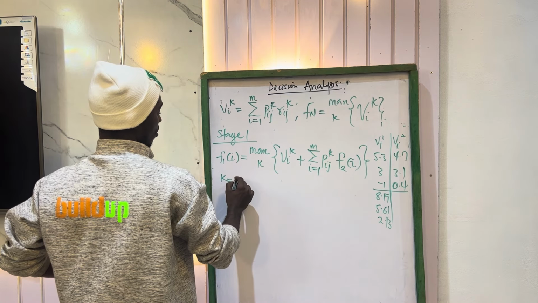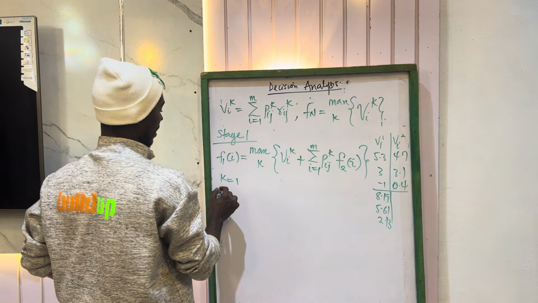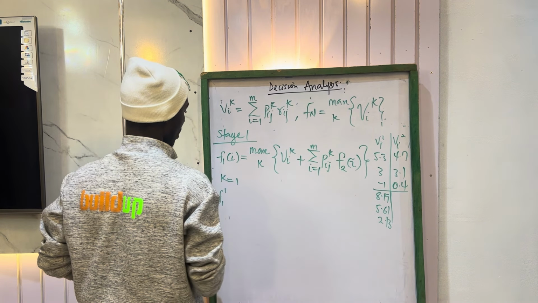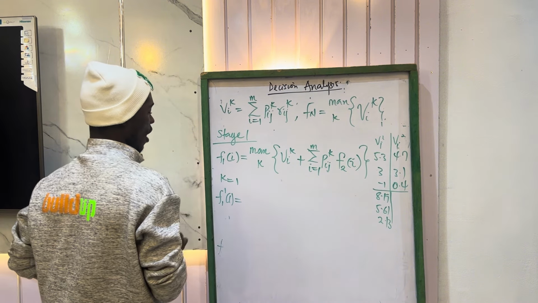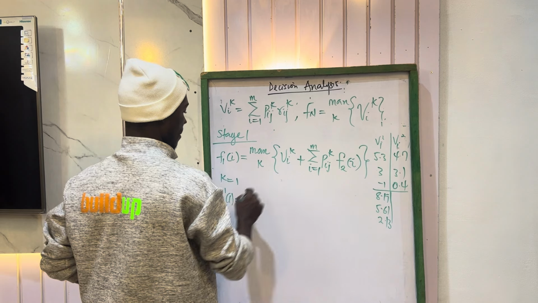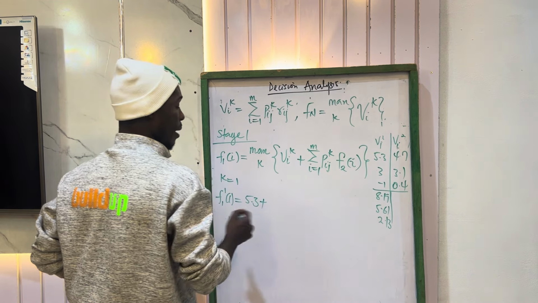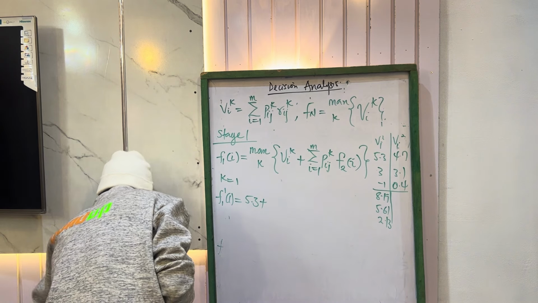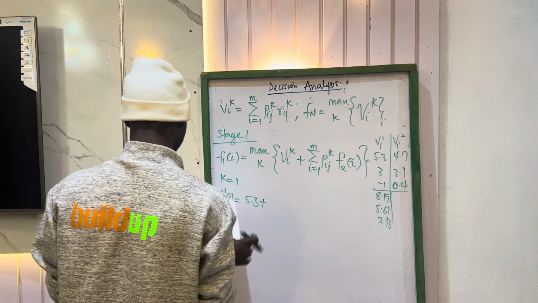So K equals 1. For K equals 1, what we're going to do now is F1 1 of 1. What's going to be F1 1 of 1? It will be 5.3 plus the probability. The probability is still the same, so go back to your book, check the probability and write it out.